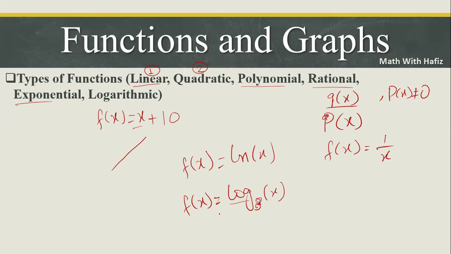This is a logarithmic function with base 3. Whenever you have a logarithmic function with base 10, you will not write its base. It will be just log of x. And while you are writing ln, which is natural log, it means it is of base e. So there are some properties of logarithmic functions which we have covered in the previous sessions.